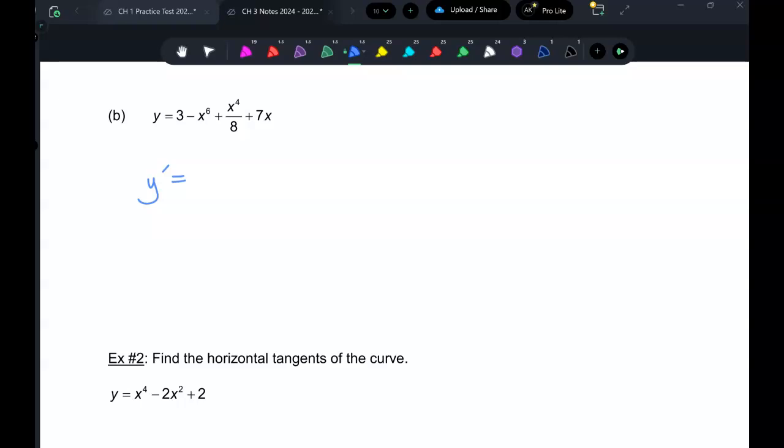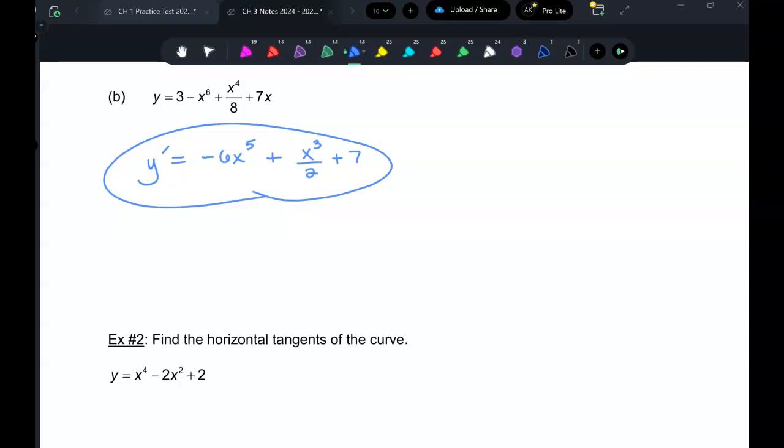What do we get for 3? Well, what happens when we take the derivative of 3? 0. So that'll be a minus 6x to the 5th plus x cubed over 2. Good. Now think about if this was y equals 5x. 10x?